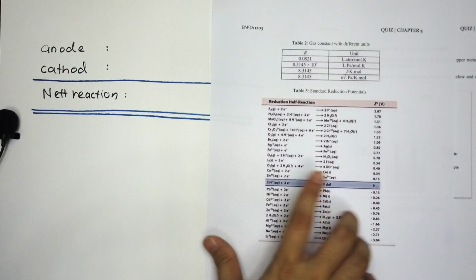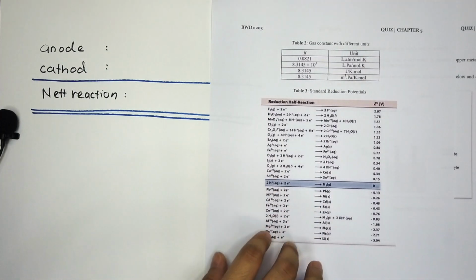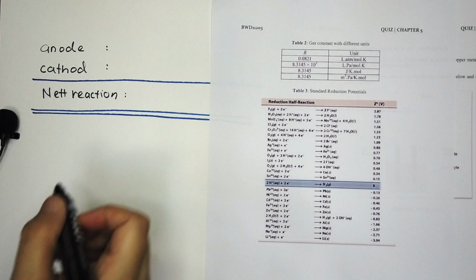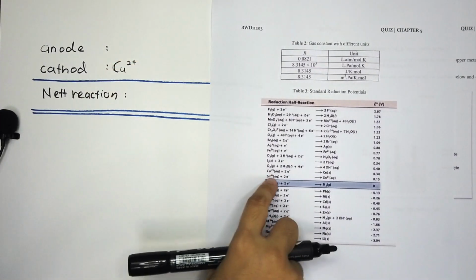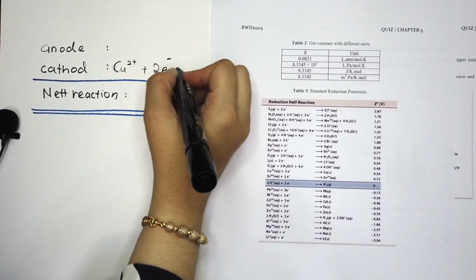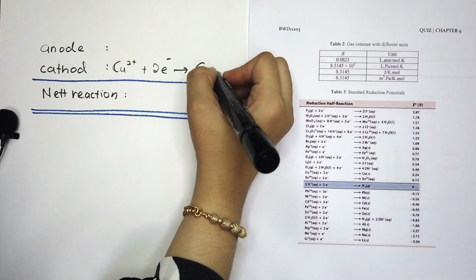So when you look back at the reduction half reaction here, for the copper, you will have no problem. You just need to copy because there's no change needed, as this is the reduction half reaction, right? So reduction: you will have Cu2+ plus 2 electrons will produce the solid copper.